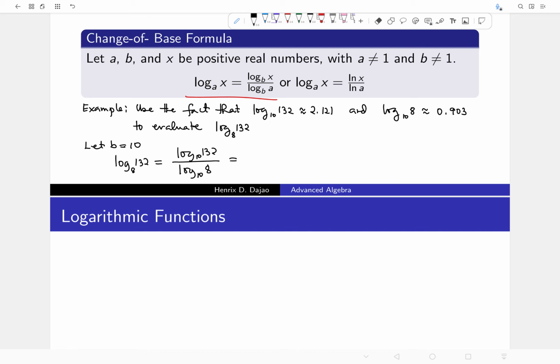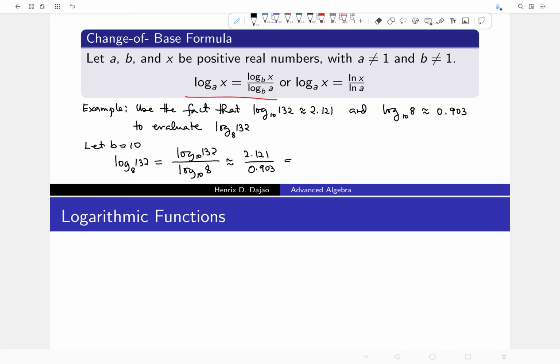We already have approximated values. So this should be approximately 2.121 over the approximated value for log base 10 of 8, that's 0.903.